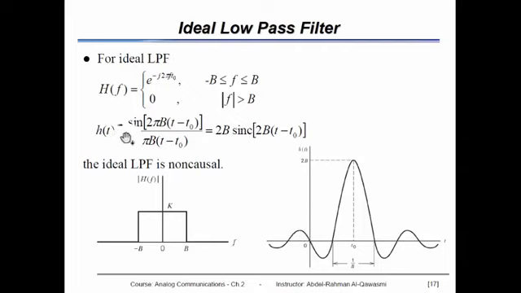So this is the impulse response as a sinc, and we studied before that the Fourier transform of the sinc will give us a rectangular pulse in the frequency domain, and the opposite, if we have a rectangular pulse in the time domain, using Fourier transform we have a sinc in the frequency domain, and so on.